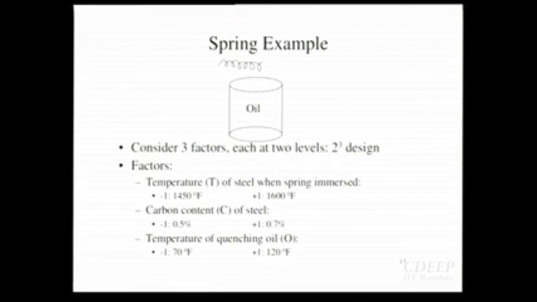So there are three factors, and for each of those factors you are given a range in which you can operate. This temperature is in this range, and because of our scaling we call this -1 and this +1. Carbon content is in this range, and the oil temperature you can vary in this range, 70 to 120 degrees Fahrenheit.